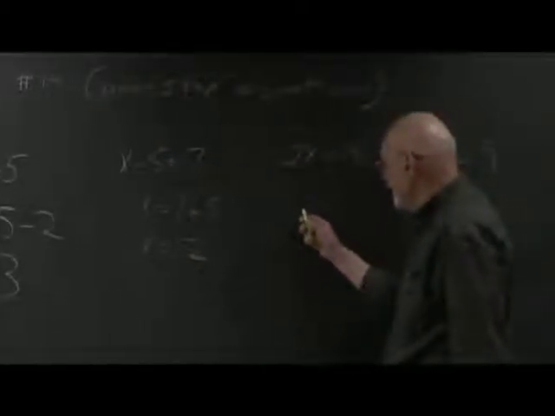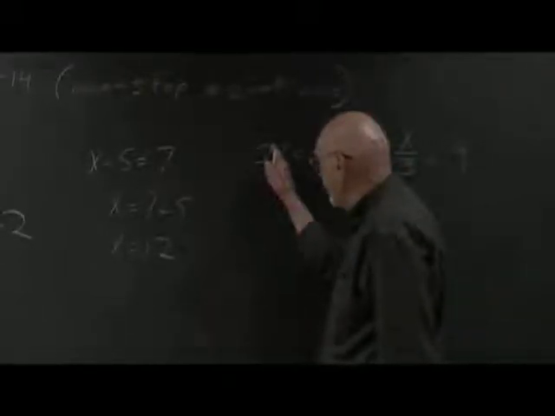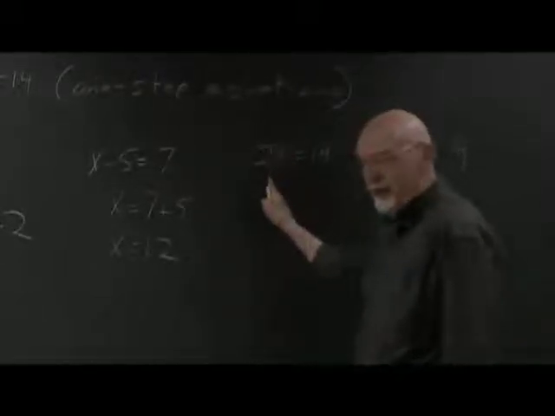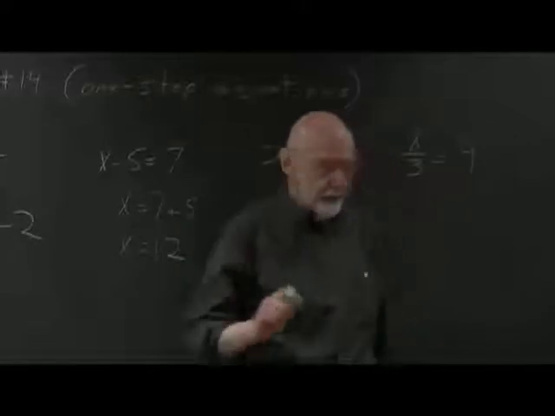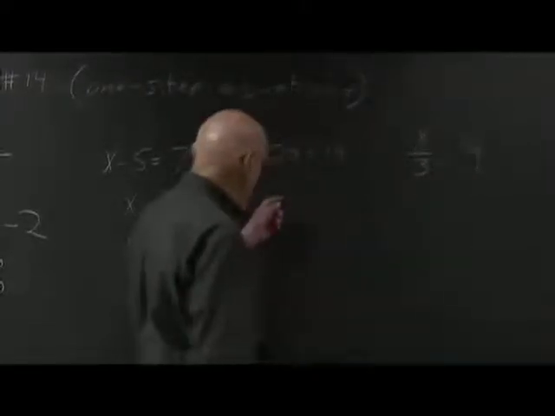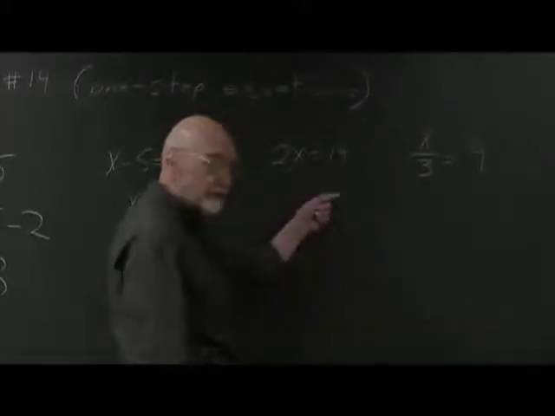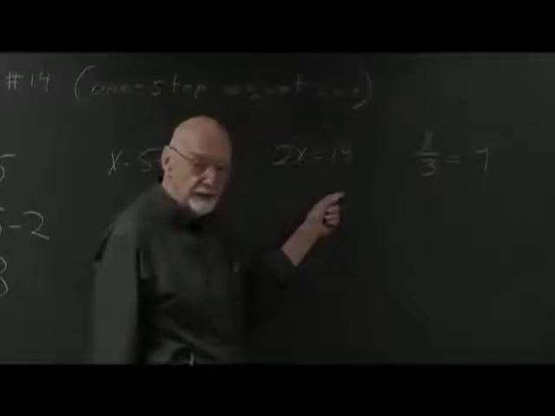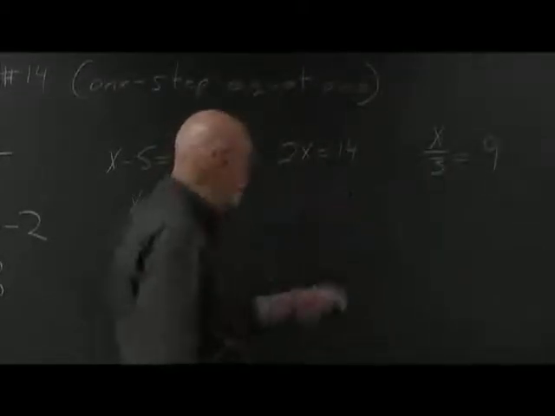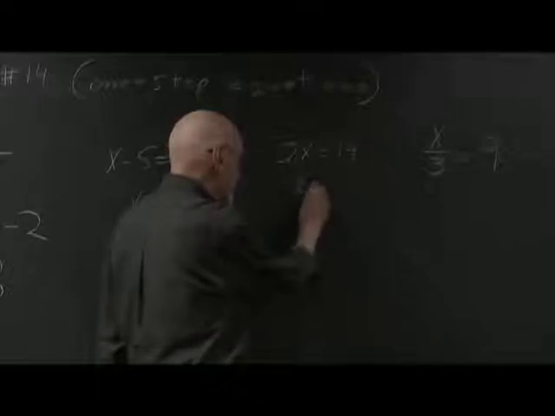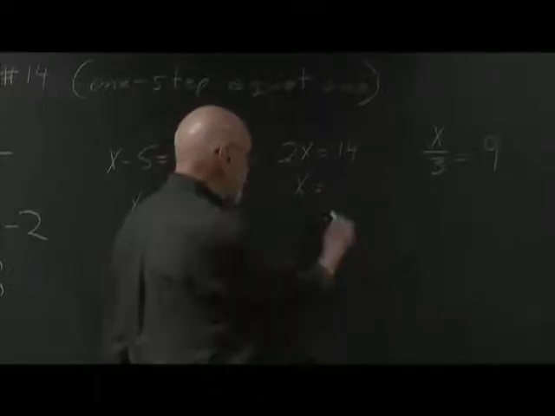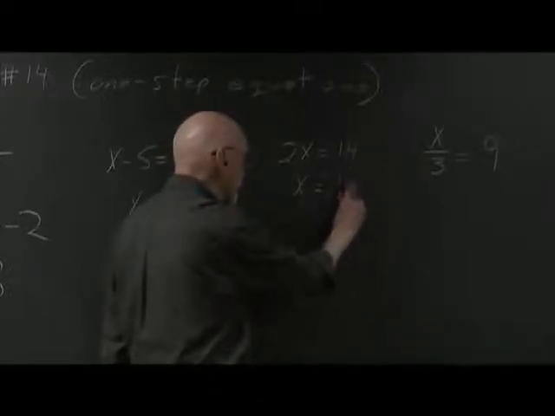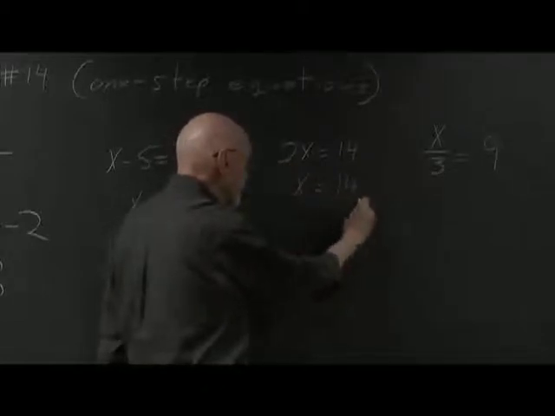2x equals 14. Now we're multiplying. You know, when there's nothing, that's multiplication. So on this side, we're going to do the opposite of multiplication, which is division. We leave the x, and we say 14 divided by 2.